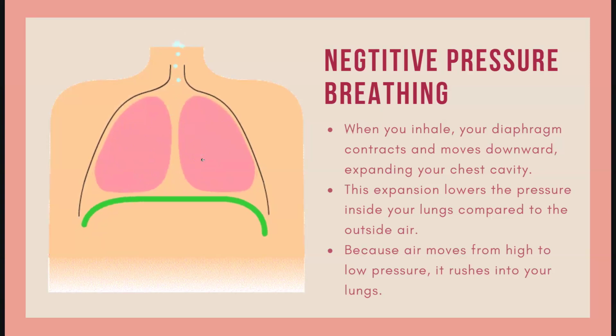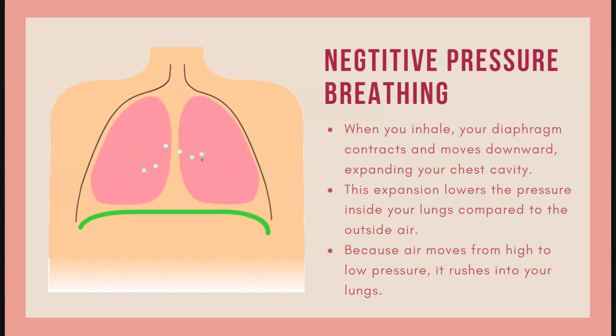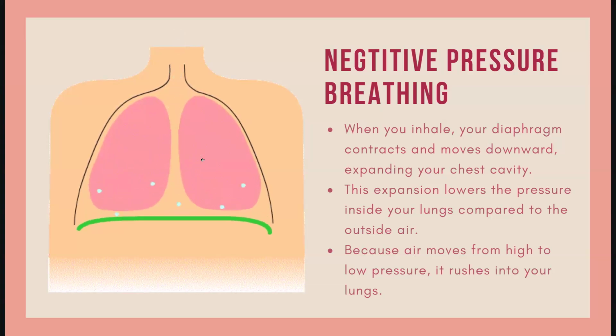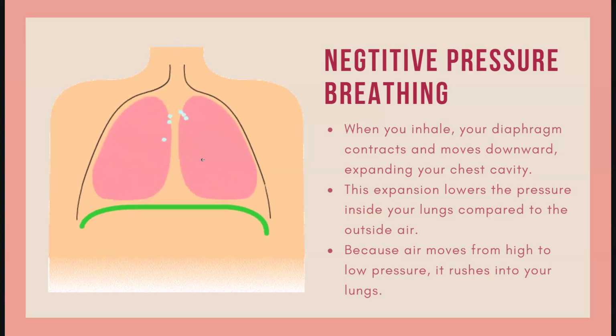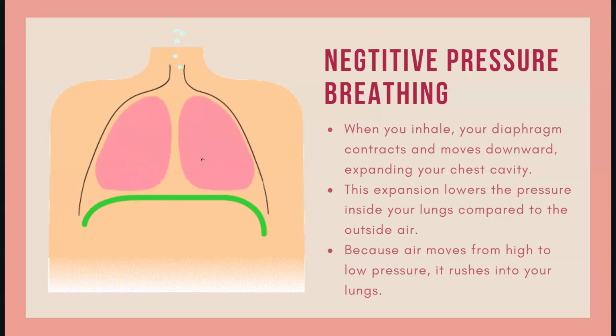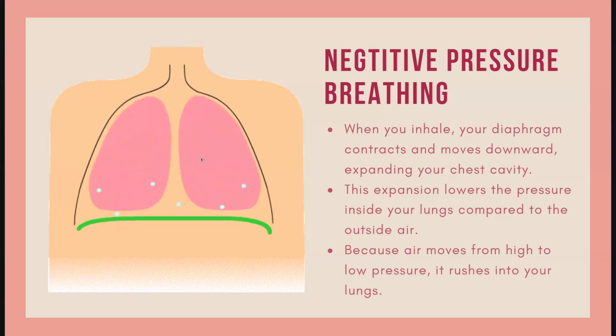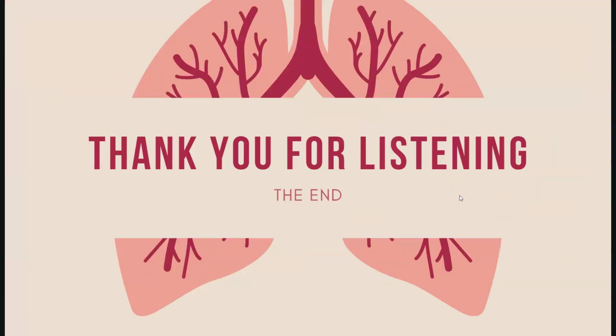Like we said, air with higher partial pressure will always move to lower partial pressure. The air outside has a higher partial pressure than the air inside because your lungs expanded. That's the driving force that drives air into your lungs every time you breathe.